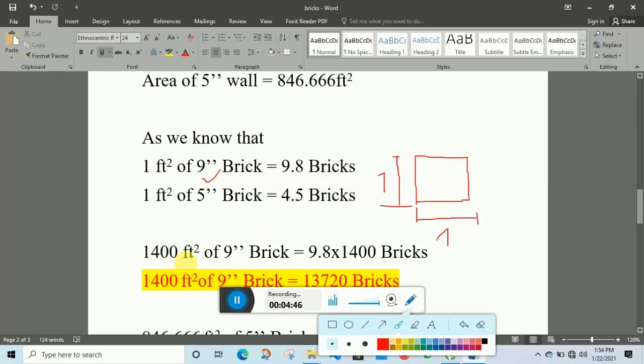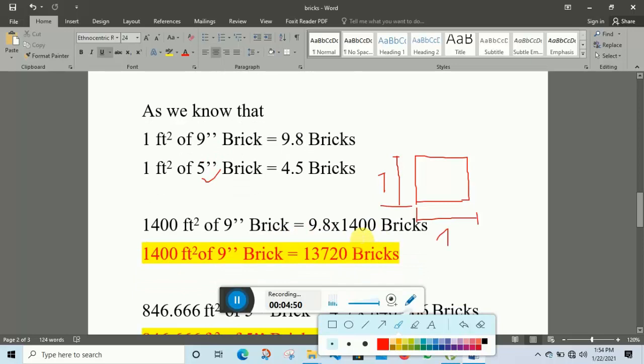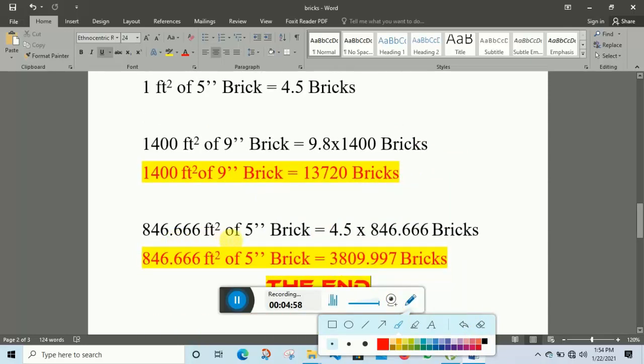So for 1400 square feet of 9-inch wall, I multiply 9.8 by 1400 and I get the number of bricks. And if one square foot of 5-inch wall needs 4.5 bricks, then for 846.666 square feet of 5-inch wall I multiply these two and get the overall number of 5-inch bricks.